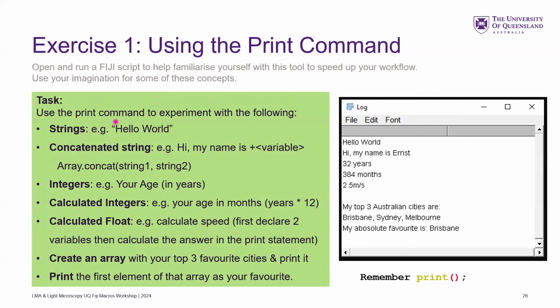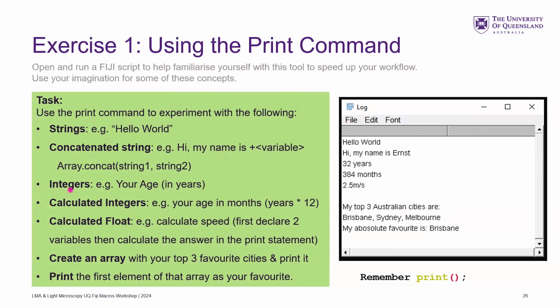You can use hello world. You also want to print a concatenated string. So you want to have some variable that's defined, and then you can hard code it. The example here is my name is. So you can have a variable called my name, define it as a string, and then print my name is plus that variable name, my name.